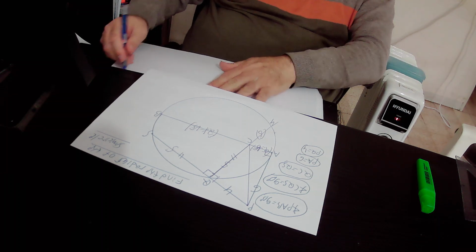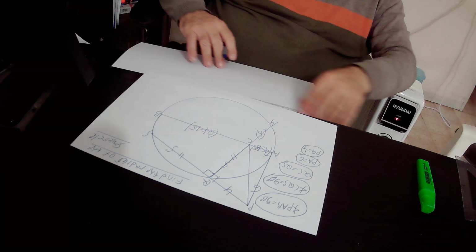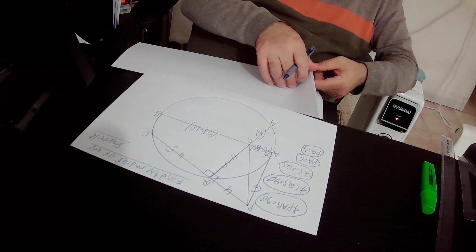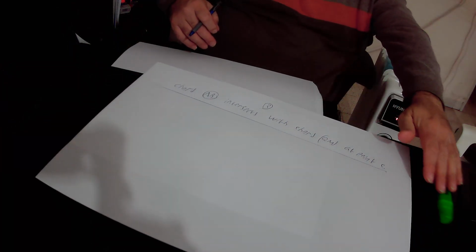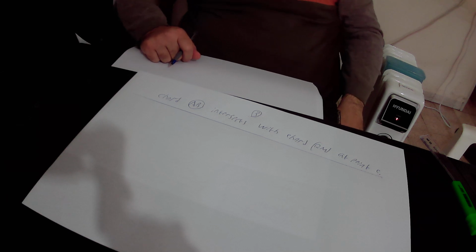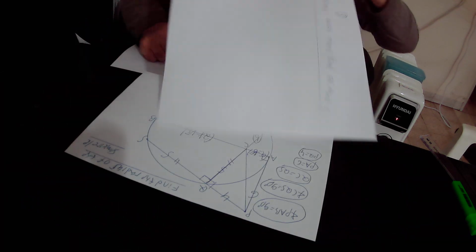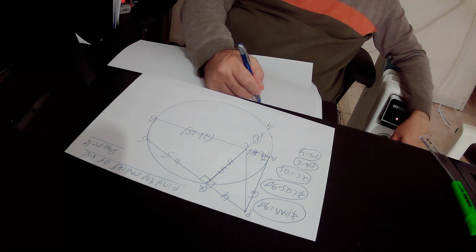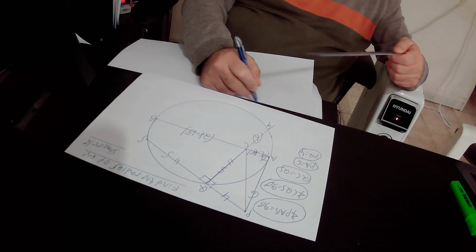I repeat again, in our original drawing, we have chord AB intersects with chord QM at point C. Therefore, according to rule number 11, the following equation will be true.